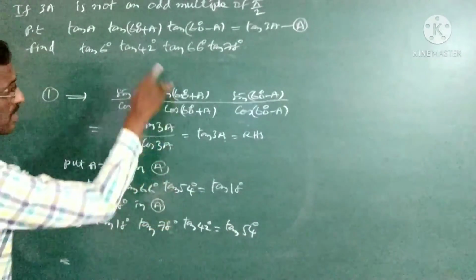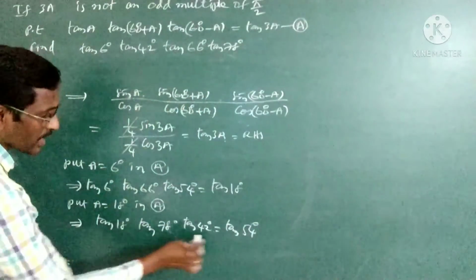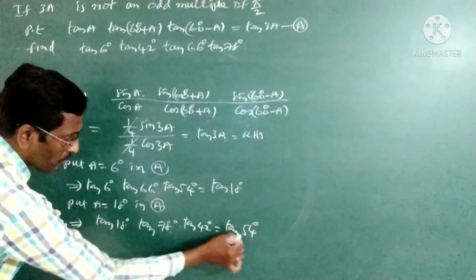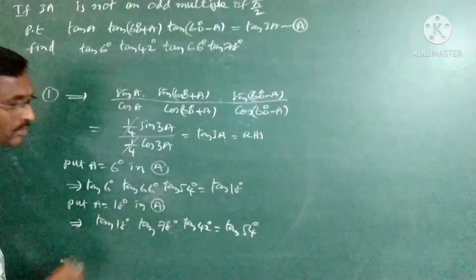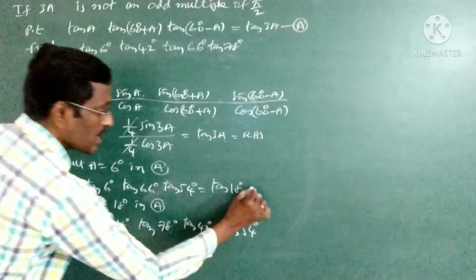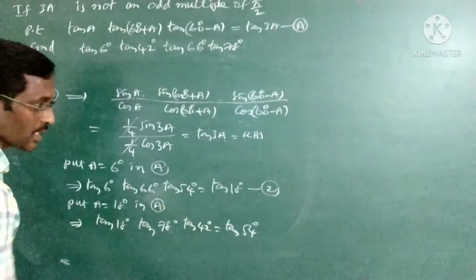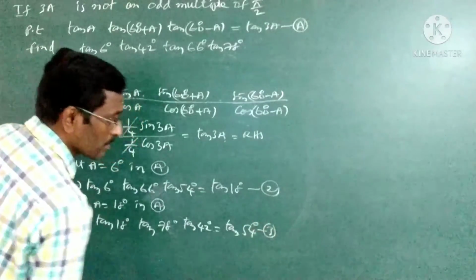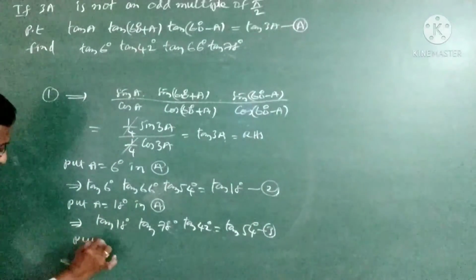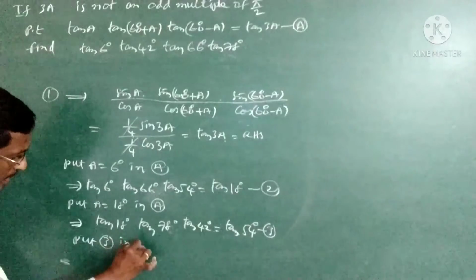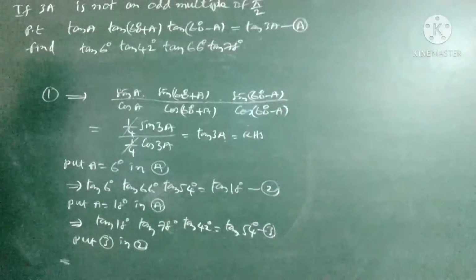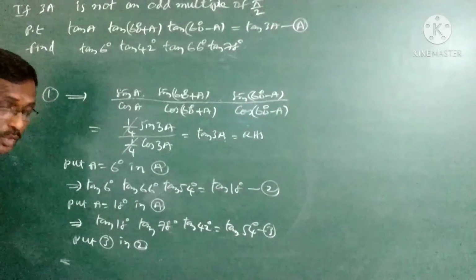Now in the answer expression 54 is not there. Write the tan 54 value into this. So let us say it is some other equation 2. Put this value into the equation. Suppose it is 3. Put equation 3 in equation 2.